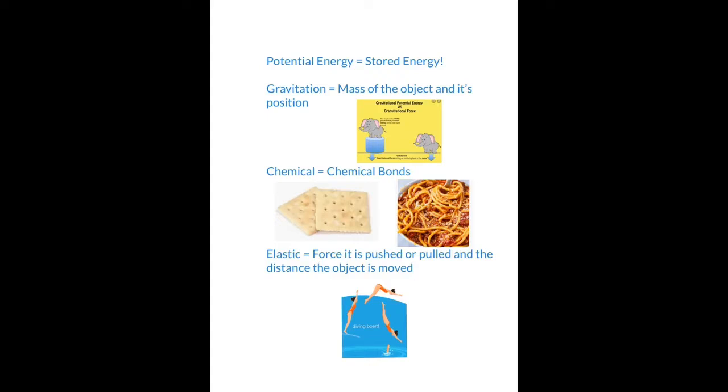So you could have a diver, they jump down, pushing the board down. That bending motion would be the elastic potential energy, and depending on how hard she pushes, it depends on how far the diving board's going to bend, and that's going to go towards that elastic potential energy.